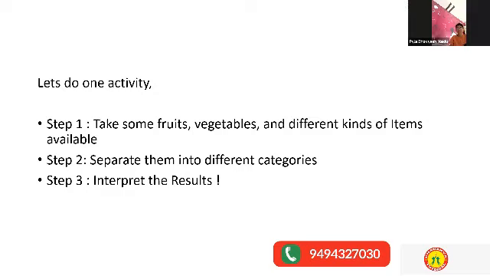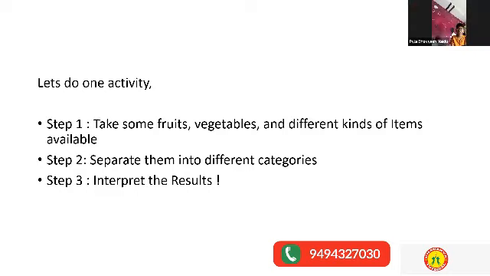So in this classification, there are two categories: fruits and vegetables. You can separate them based on the nature of the object, that is, what kind of object it is, whether it is a fruit or a vegetable.